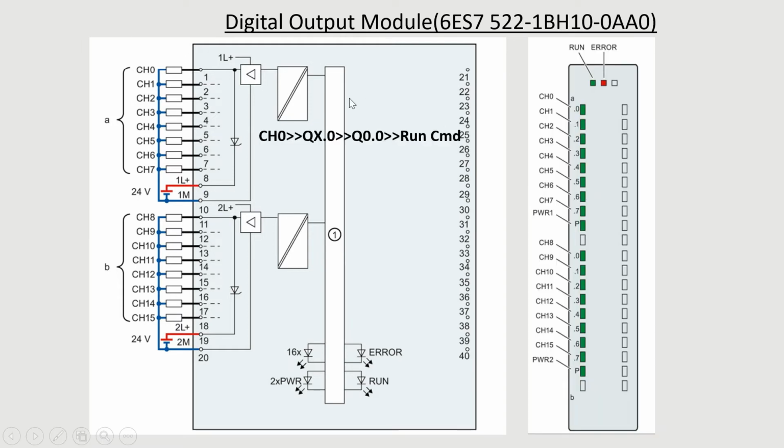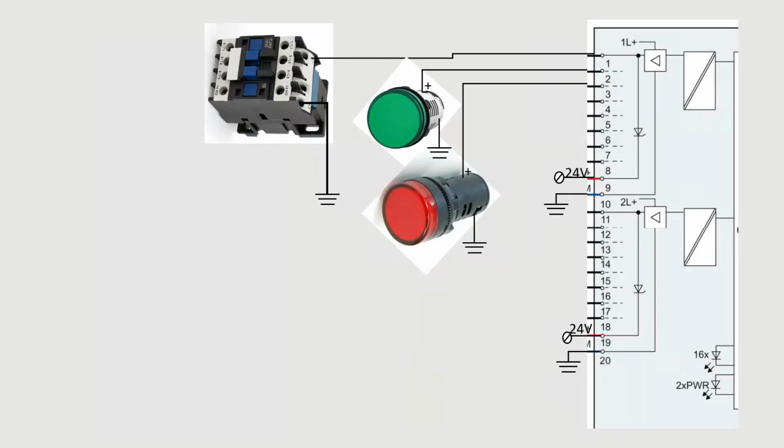And here we will connect the run command at terminal 1 to energize the magnetic contactor, and from channel 1, that means terminal 2, we will connect the LED for run indication, and from terminal 3 we will connect the fault indication.